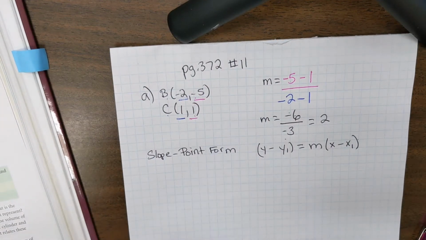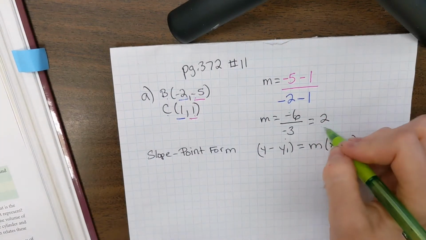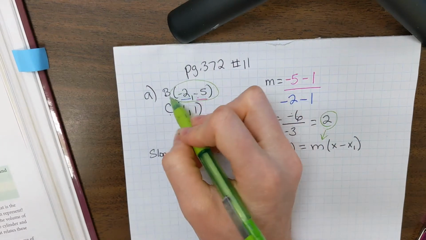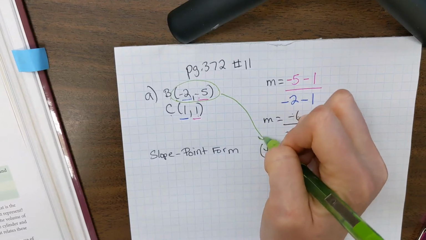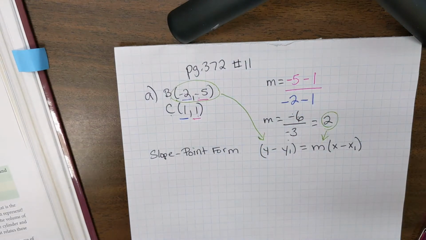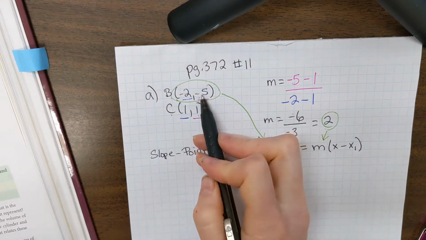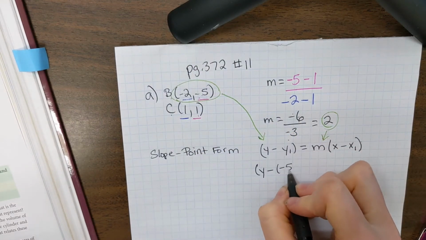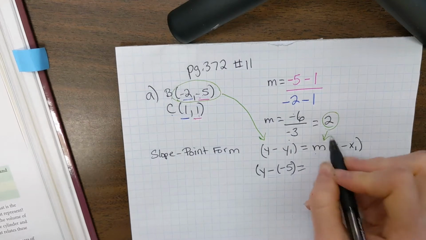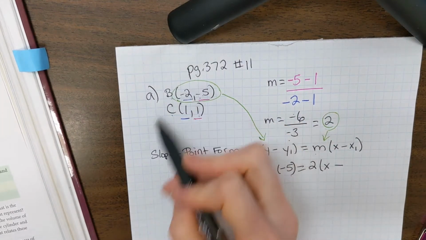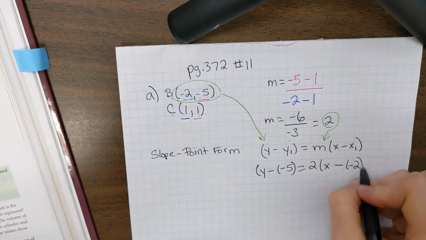So if we put those things in, m is here, and we're going to grab our point from up here, only one of them. Doesn't actually matter which one of them you choose. So we have y take away y1, that's -5. Okay, we'll talk about this in a second. M is 2, x take away x1. Make sure you're taking it away from here, so that's -2.